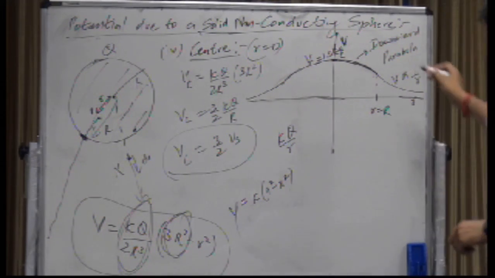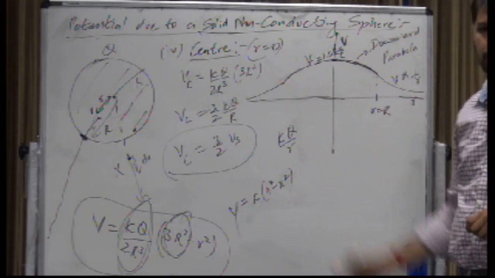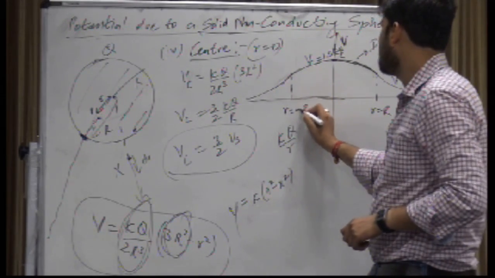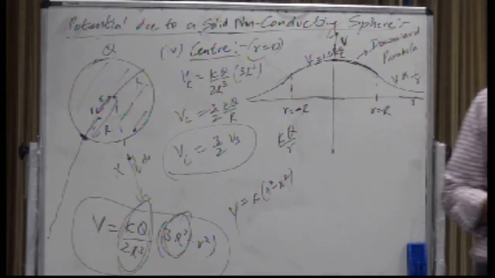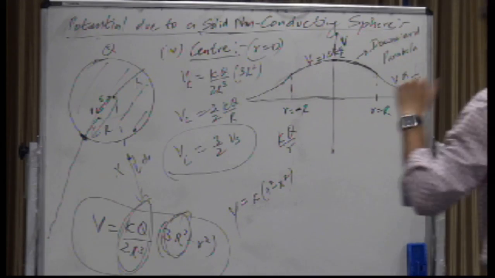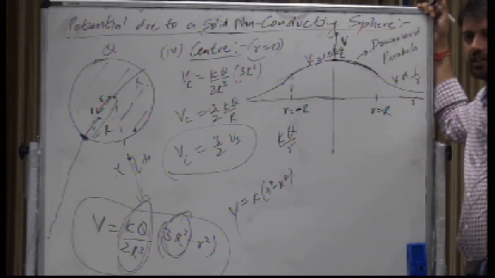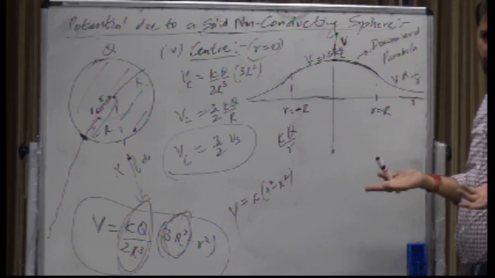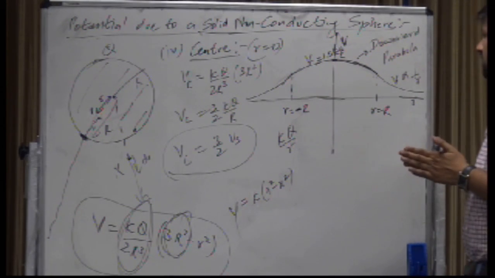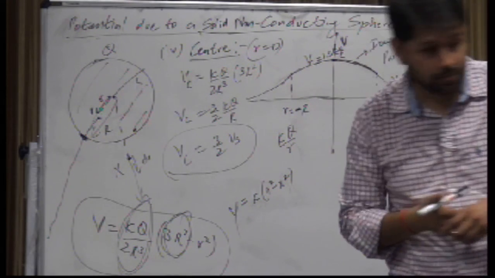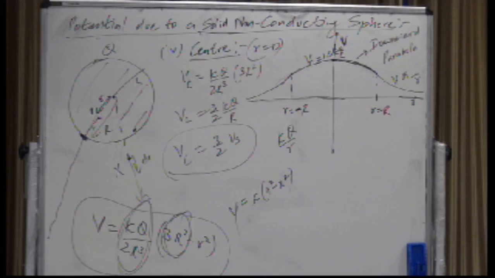So it will fall like a rectangular hyperbola. So here the point is r is equal to minus R, on the negative side, on the other side basically. Right? But the value of potential would still be positive. Positive charge always gives positive potential. So dhanush wala curve, right? And the time's up. Okay. So we'll discuss it later.